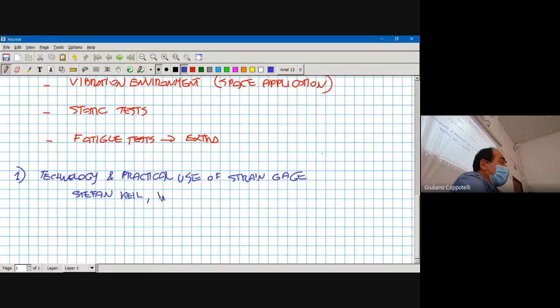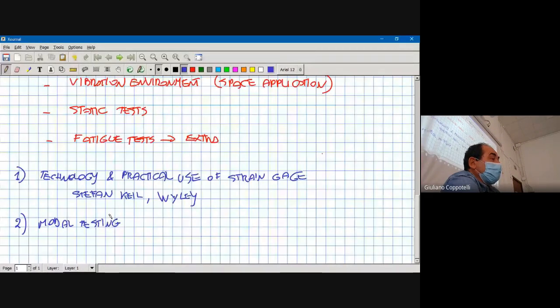Then we have model testing, test user for strain gauges. Model testing from my friend Ewins.